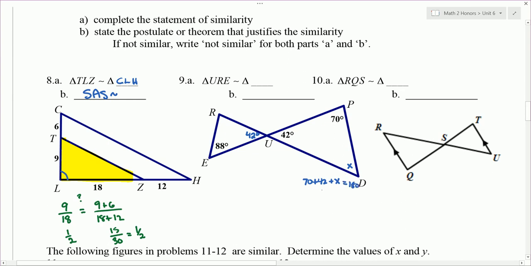And 70 plus 42 is 112, plus X is 180. Subtract 112, and we get 68 degrees.